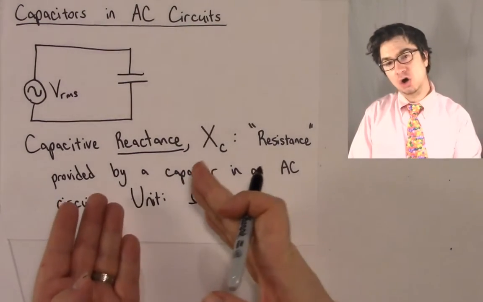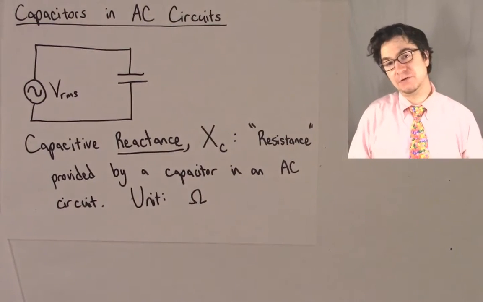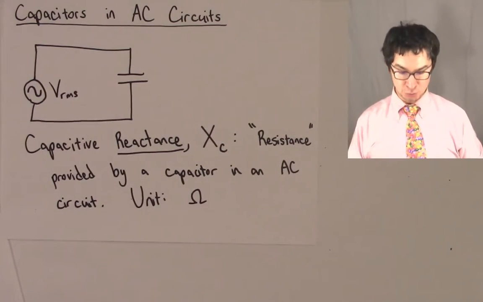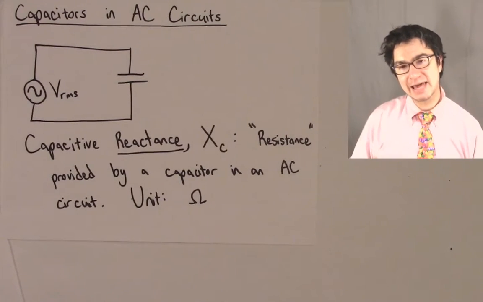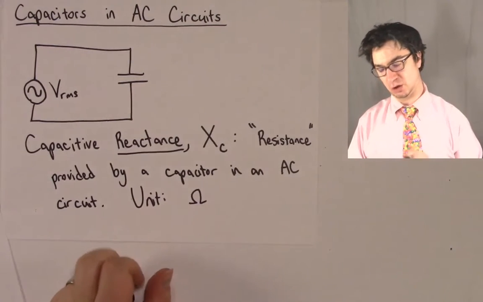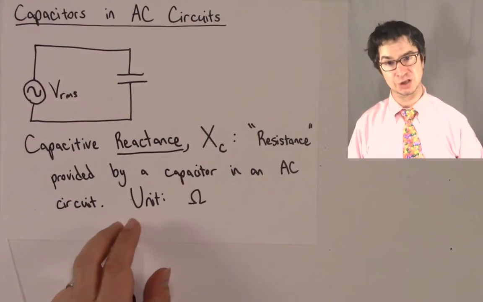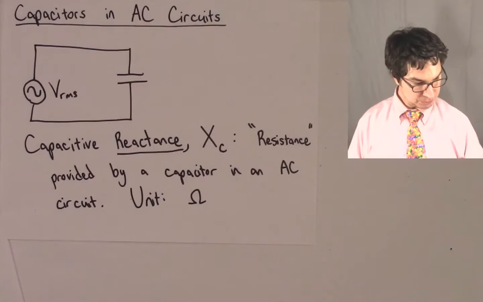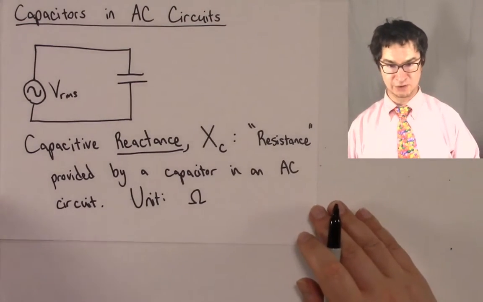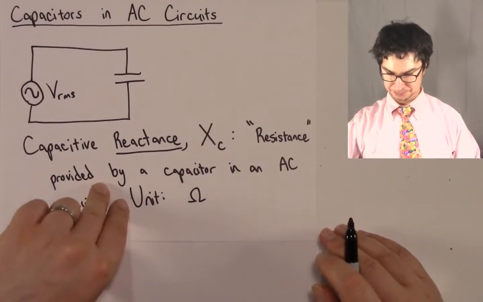It's called a reactance because it's a different physical quantity than resistance in a resistor, but it provides the same function. It impedes or resists the flow of current, and the unit therefore is the ohm. That's pretty cool.